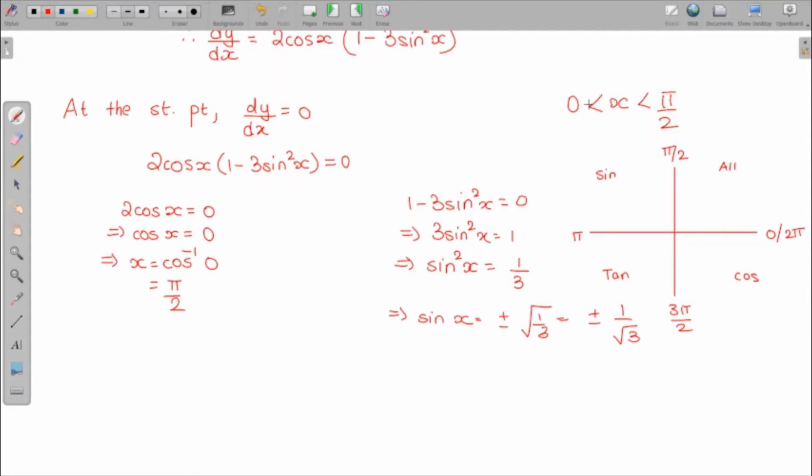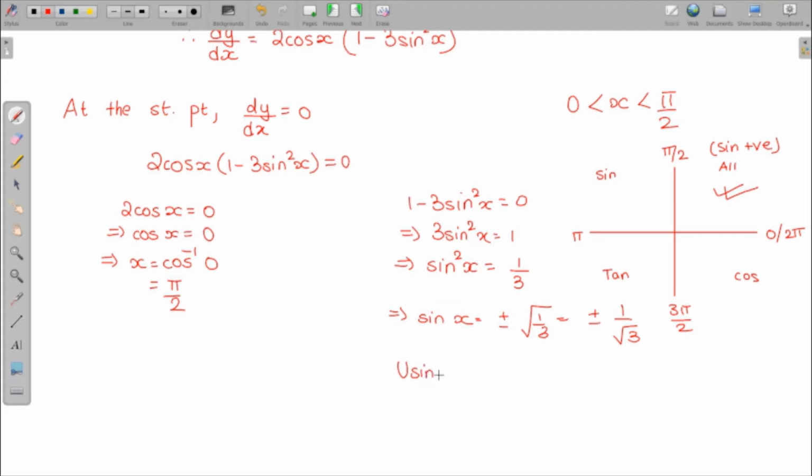Since the range given to us is from 0 to pi by 2, we have to work with the first quadrant, and in the first quadrant all of these are positive. So here sine will be positive as well. So we have to take the positive value for sine, that is plus 1 by root 3, and we can ignore this other one, that is minus 1 by root 3.